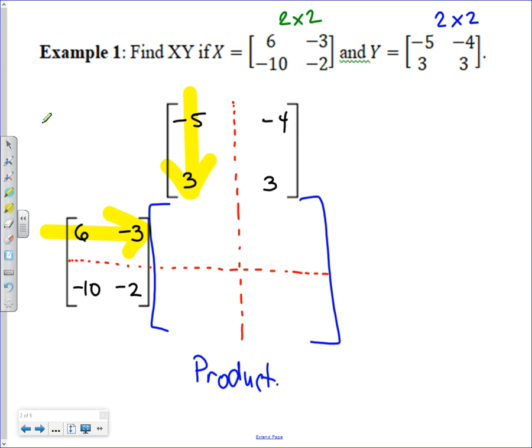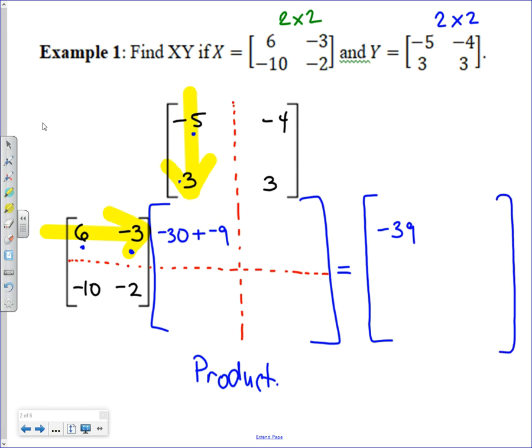I'm going to take the first element here times the first element here. 6 multiplied by -5 is -30. And then I'm going to add that to the second element in my row times the second element in the column. So I'm going to take -3 times 3, which is -9. Add these together, and we have our answer, -39.